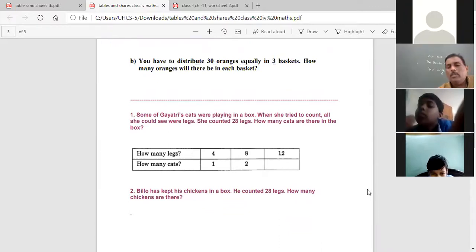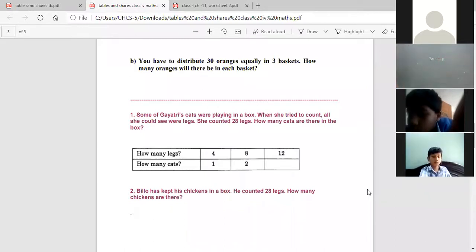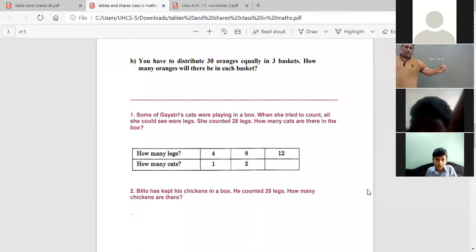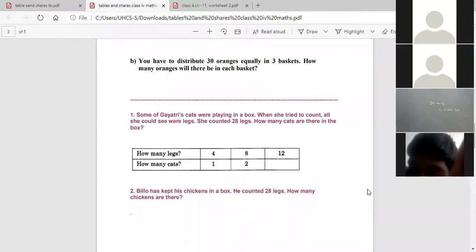We have to distribute 30 oranges equally into 3 boxes. When you are distributing, that means division: 30 divided by 3, that will be 10 in each box. You will get 10 in each box.